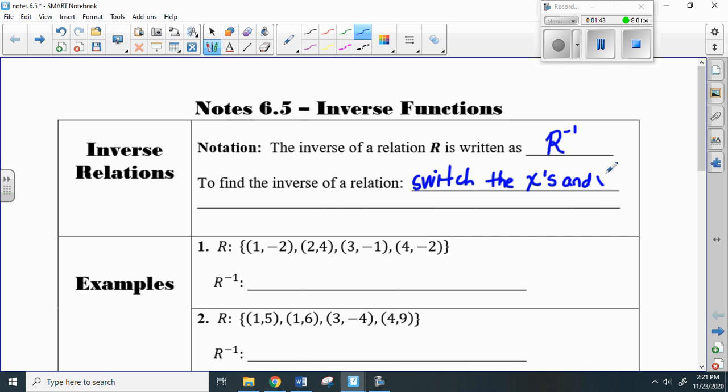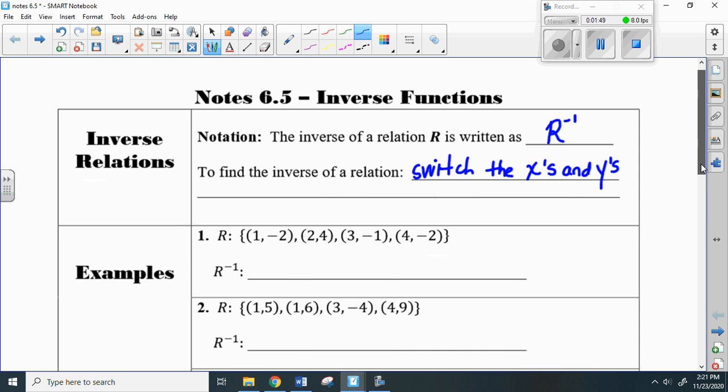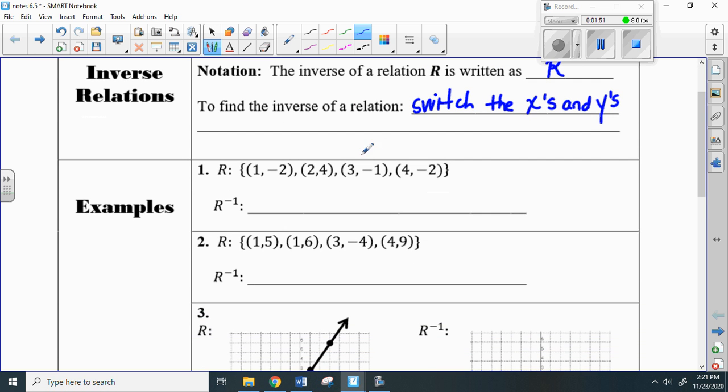and y's. Okay, so you did a little bit with inverses in Algebra 1, and this is what it looked like. Let's say you were given some set of ordered pairs, and you were asked to find the inverse of it. You may not have used this notation. The question may have just said, find the inverse. And the inverse literally takes every ordered pair, which is an x and a y, and it switches them.